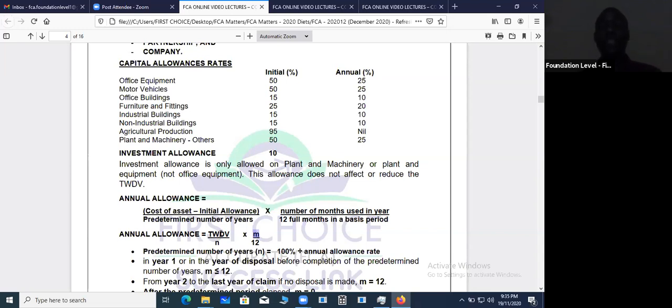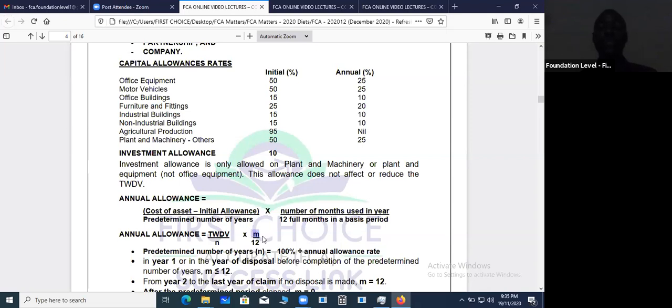Now, let's say it's a motor vehicle. You've used it for 1 year. You've prorated. Use it for the second year, you're charging the full capital allowance. Third year, full capital allowance. Fourth year, the full capital allowance. The fifth year, that means you have exceeded the number of required years. Your M at this point becomes 0.